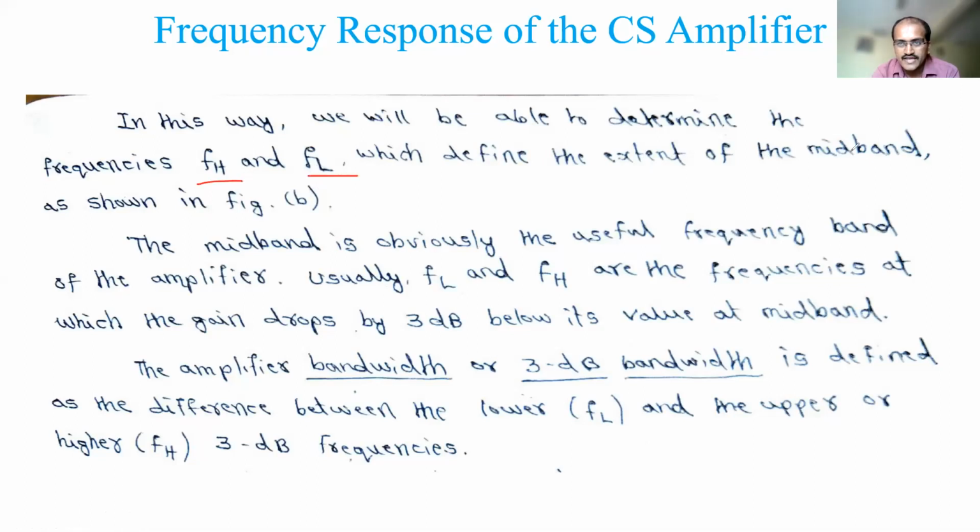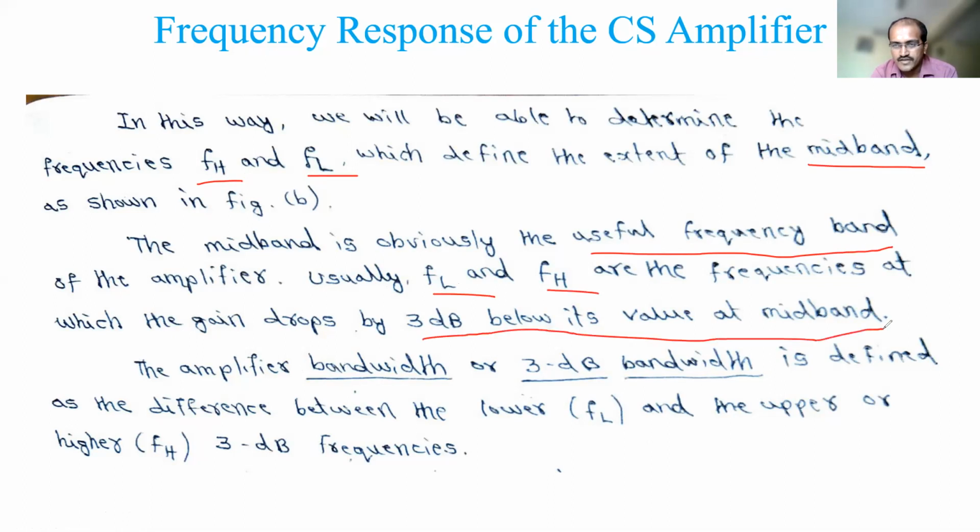These define the extent of the midband, how long the midband will sustain, as shown in the figure. The midband is obviously the useful frequency band of the amplifier. And usually FL and FH are the frequencies at which the gain drops by 3 dB below its value at the midband. So if it is 20 dB at midband, at 17 dB we will see where it is cutting off the frequency, and that frequency we call FL and FH.